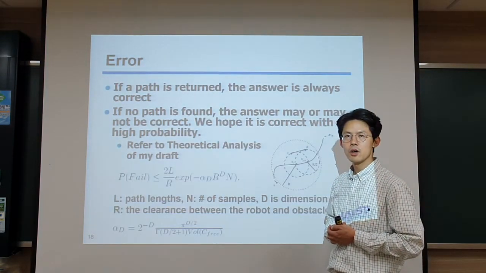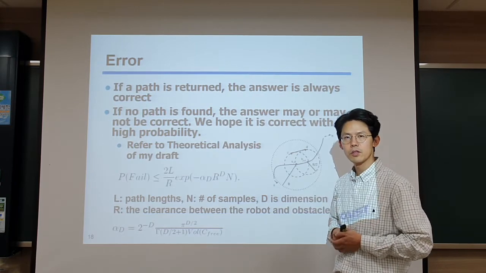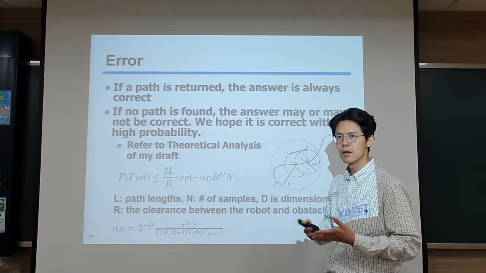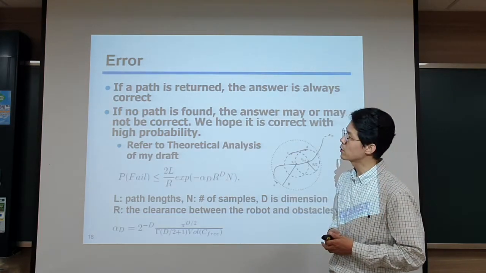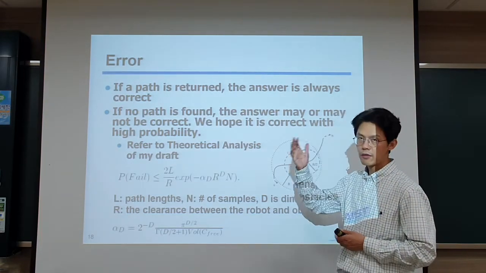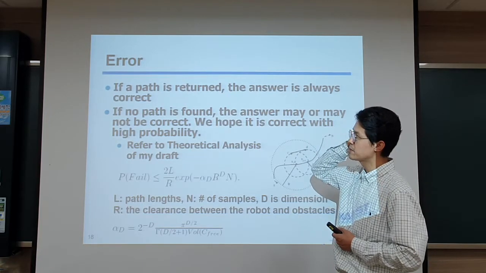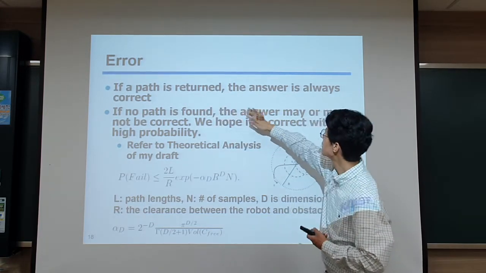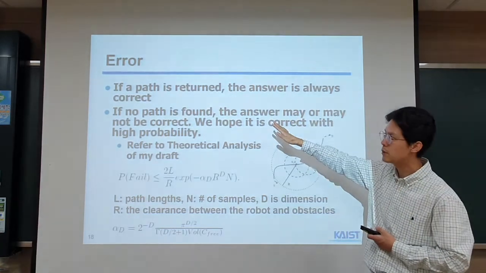One of the main issues of this PRM technique is that we need to show the probabilistic completeness in a mathematical way. In other words, we need to measure the error of our chosen PRM technique. In other words, if a path is returned, the answer is always correct, right? We know that.